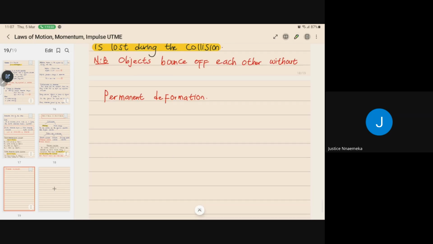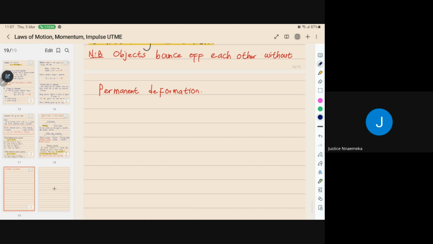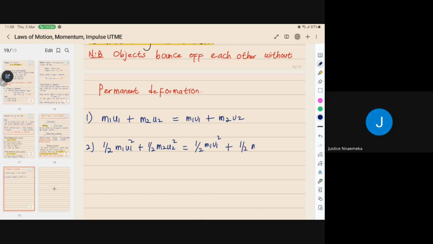All right, so momentum conserved. Remember the formulas. One, we'll have momentum conserved: m1 u1 plus m2 u2 equals m1 v1 plus m2 v2. Then the second one, 1/2 m1 u1 squared plus 1/2 m2 u2 squared is equal to 1/2 m1 v1 squared plus 1/2 m2 v2 squared.